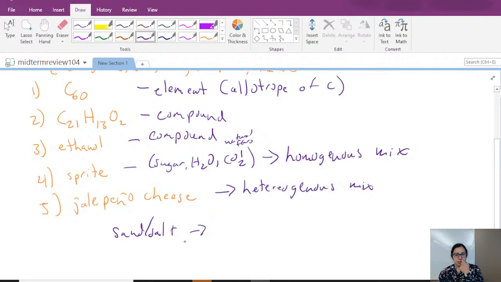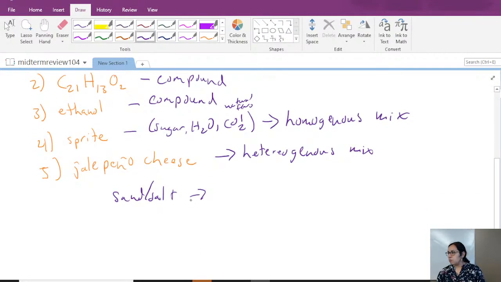But then the question with the sand salt, and I gave it to you because that was kind of ambiguous, is whether it is uniform throughout. Is it well mixed, that sand salt? Or could you see distinct salt layers or pebbles? So maybe the pebble salt mixture was more indicative of a heterogeneous. So for sand salt, I would put, right, could be homogeneous.